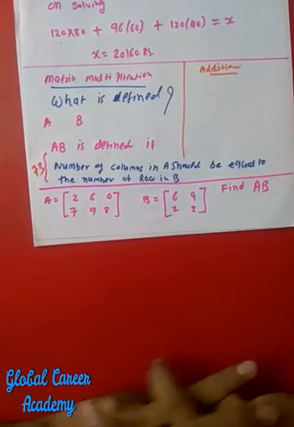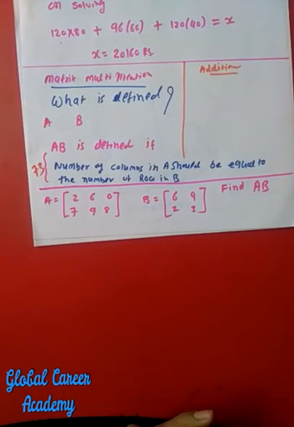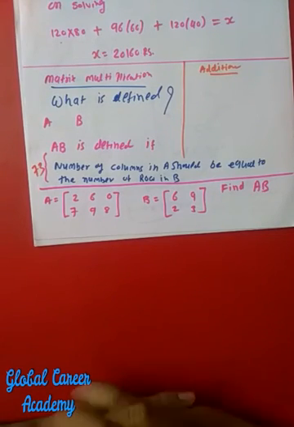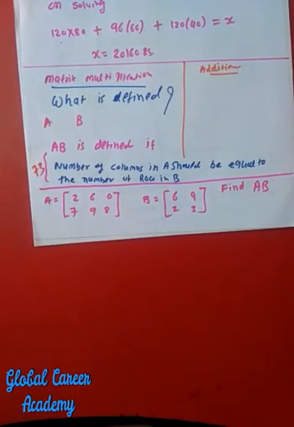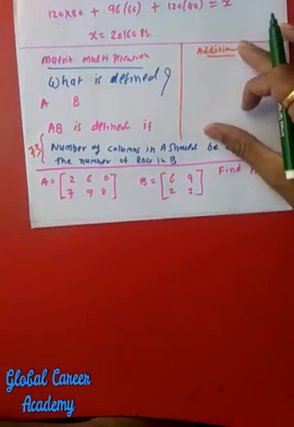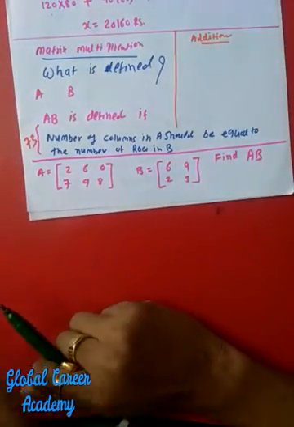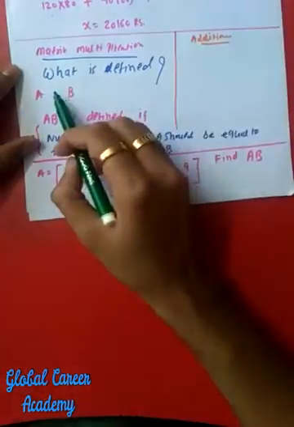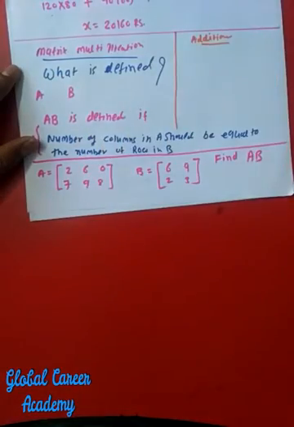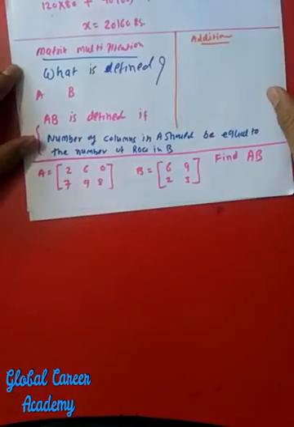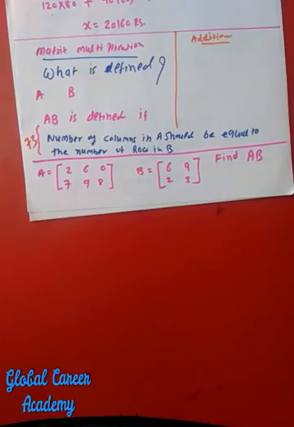Before we start question number 21 and 22 of exercise 3.2, I'd like to clear one important concept. That is, ये वर्ड डिफाइंड बार बार आ रहा है, ओके, मैट्रिक्स में व्हाट इज डिफाइंड, ओके, तो उसके बारे में बात करना चाहूँगा.